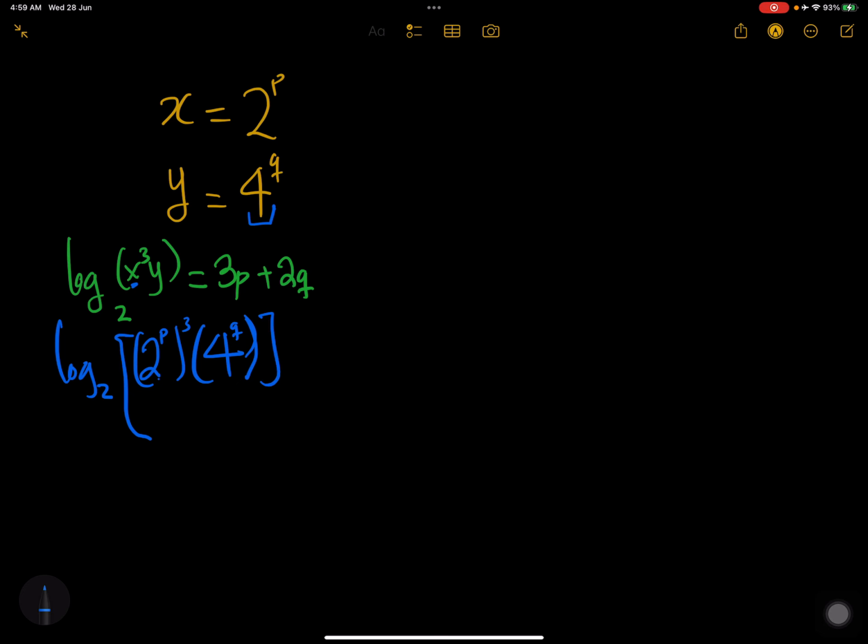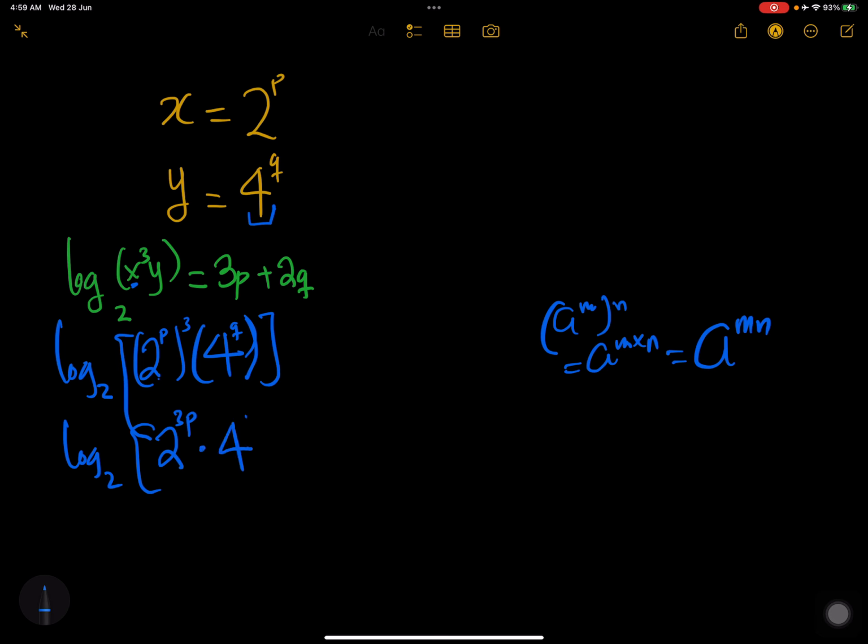Then we're going to have log to the base 2 of 2 to the power 3p, because remember the rule, (a^m)^n is the same as a to the power of m times n, a^(mn). So here we have log to the base 2 of 2 to the power 3p, multiplied by 4 to the power of q.